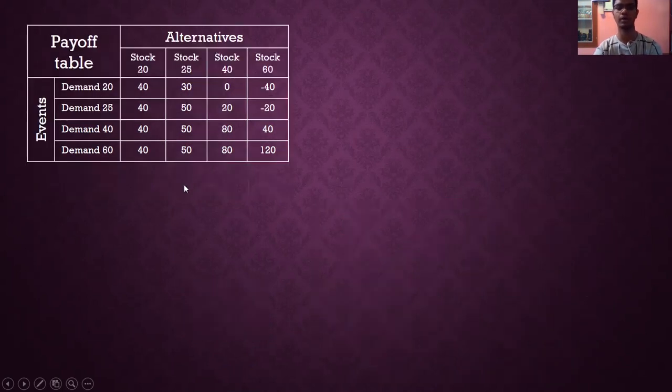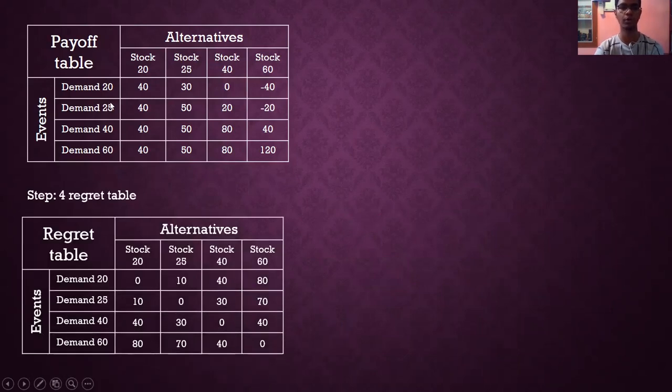Next we have to find out a regret table. To find a regret table, we use the help of the payoff table. We go through the payoff table row wise. In this particular row, we check which number is highest. Here the highest number is 40, right?